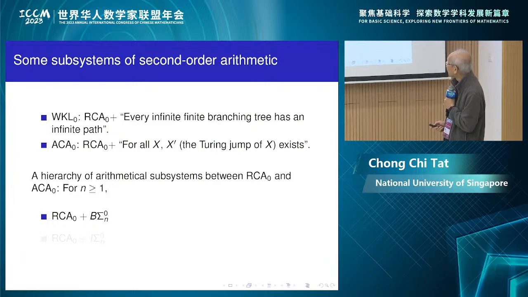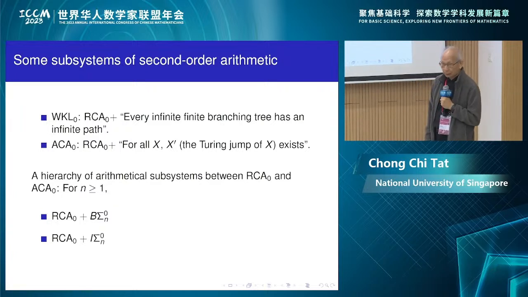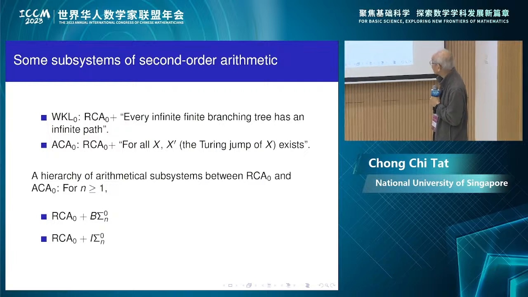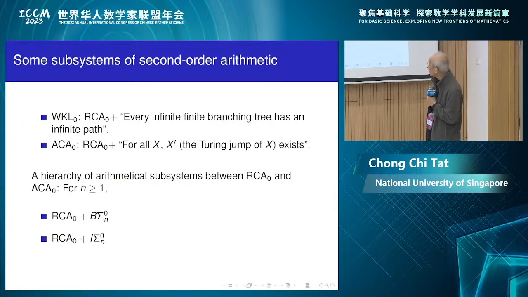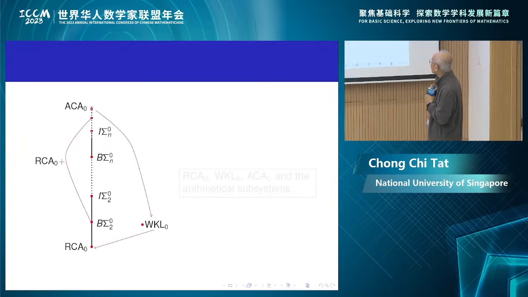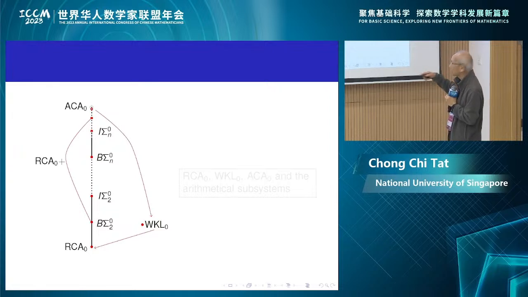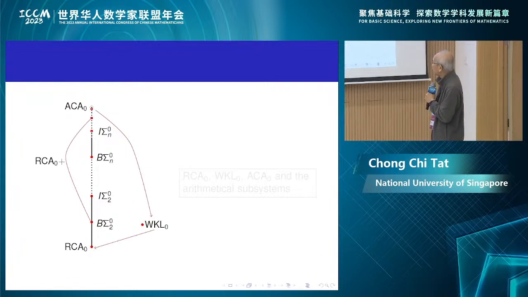And then RCA0 plus I sigma n, which says that every bounded sigma n definable set is finite. So this gives us a hierarchy of subsystems of second order arithmetic. At the top is what is called ACA0. It's stronger than all the things that are displayed here.